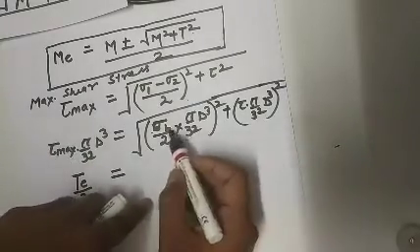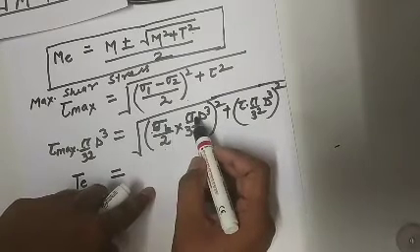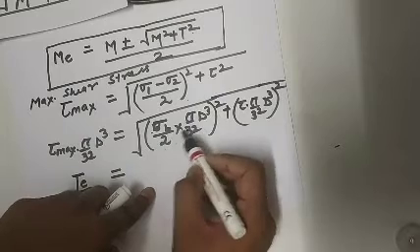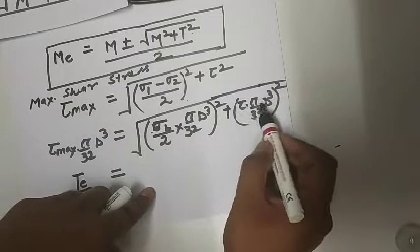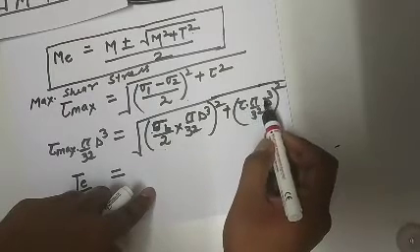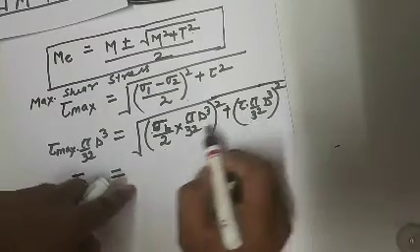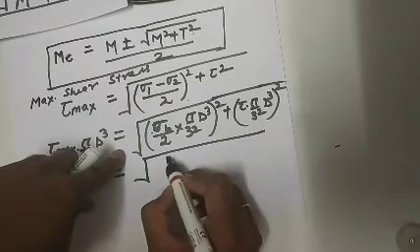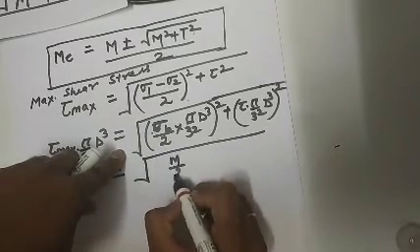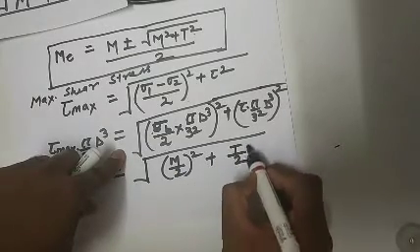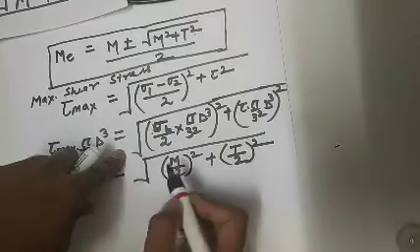Clear? And this will be equal to sigma b into Z. Sigma b into Z will be equal to M by 2, and tau into Zp upon 2 will be equal to T by 2, right? Then we can write the equation again. This will be equal to under root M by 2 square plus T by 2 square.